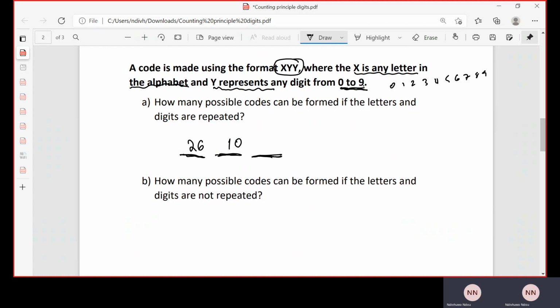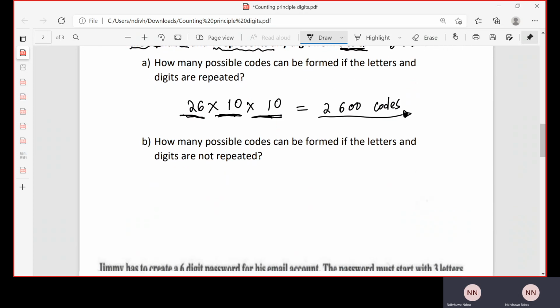Because digits and letters can be repeated and YY represent digits, even in the second and the last position, we'll have to choose from 10 choices because we can repeat them. So we just multiply out all those number of options, then we get the possible codes that can be formed. So in total, it will be 2,600 possible codes that we can form if we are repeating the letters and the digits.